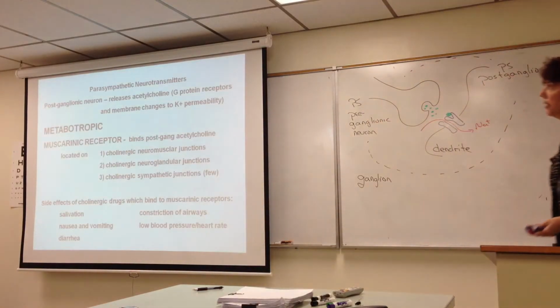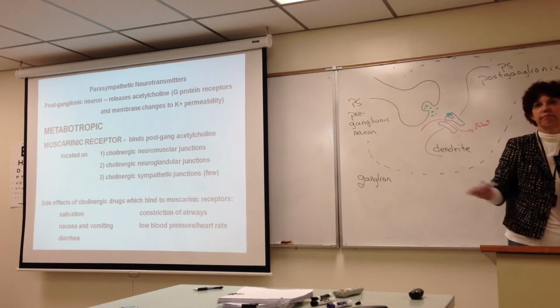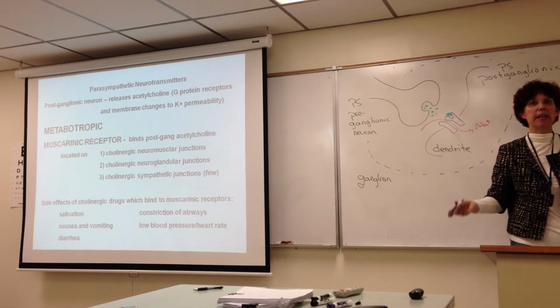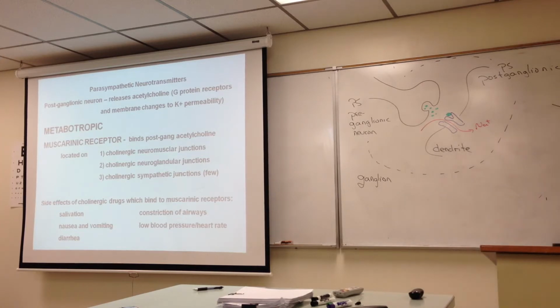And this receptor is metabotropic. And what's the letter that you think of when you think of metabotropic? G. It's not a channel, but because of the G protein and the activation of inositol triphosphate, IP3, or cyclic AMP, or the inactivation, we can affect ion channels.